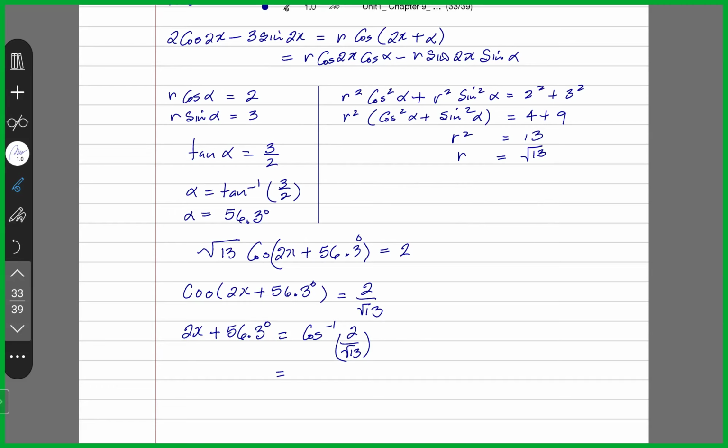The answer here is 56.3 degrees, so that is the answer in the first quadrant.